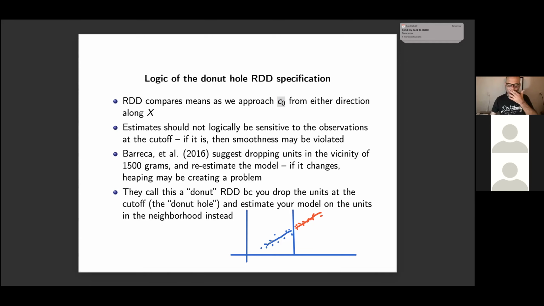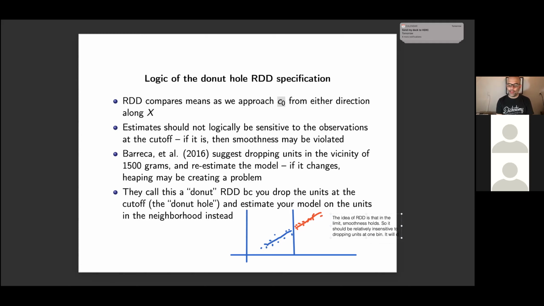Okay, so the idea of RDD is that in the limit, smoothness holds. So it should be relatively insensitive to dropping units at one bin.